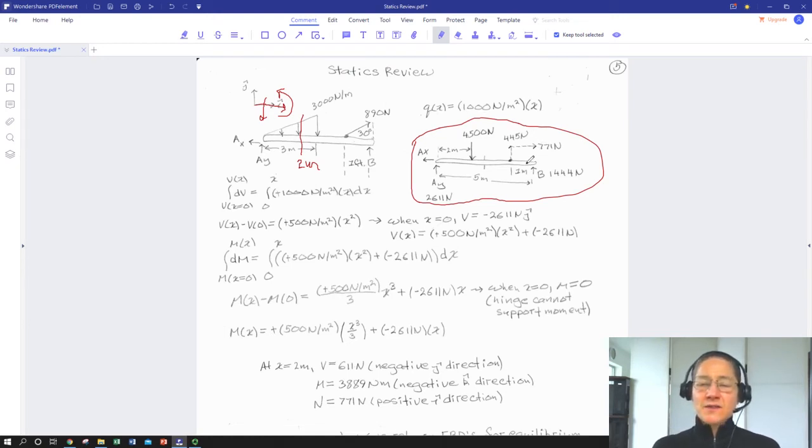So that allows us, with the sum of the moments around A and then the sum of the forces in the x and y direction, to solve for AX, AY, and B.